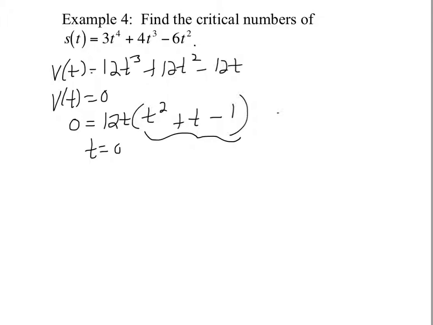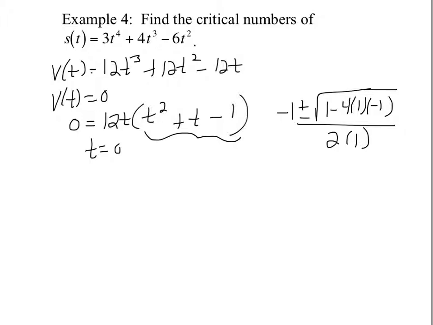So it'll be the opposite of b plus or minus the square root of b squared minus 4 times a times c. And that's all over 2 times a. Now if I reduce that down, I just get -1 plus or minus the square root of 5 over 2.